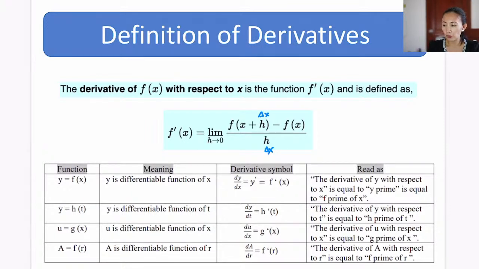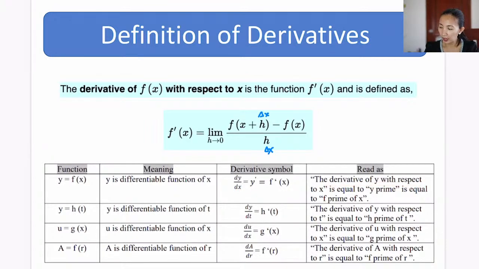Okay? So, for y equal to f of x, where y is a differentiable function of x, we may write the derivative in this manner. Pwedeng y prime, f prime of x, or dy over dx. Okay? Derivative of y with respect to x.